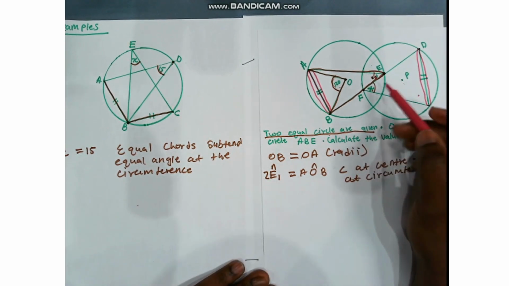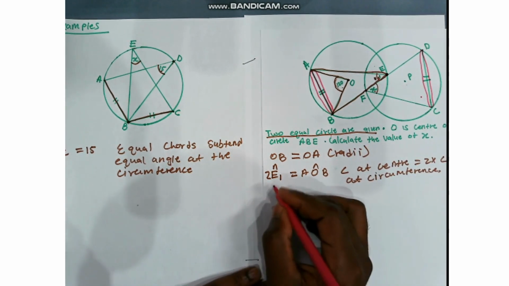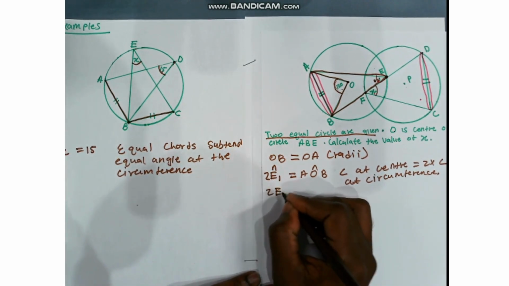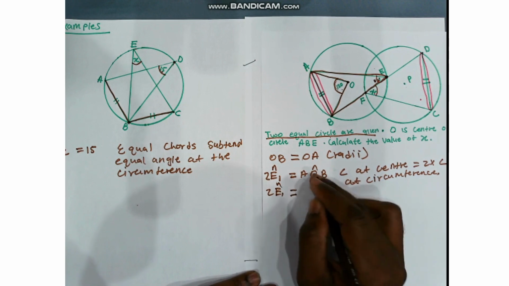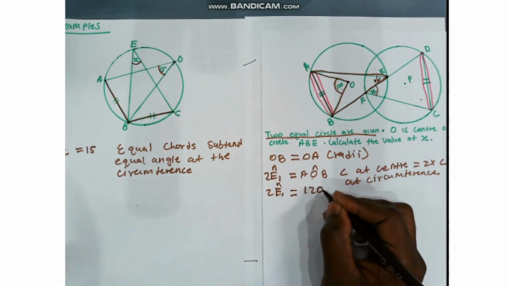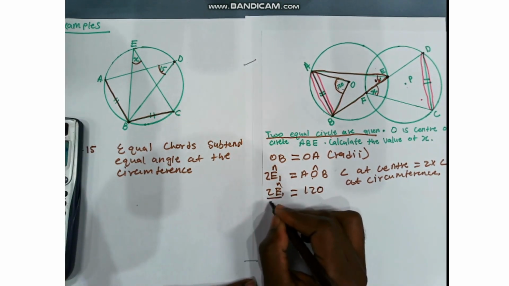But let's first find E1 before going to this one. E1 is equal to this, but what is this? It is 120. We divide by 2.